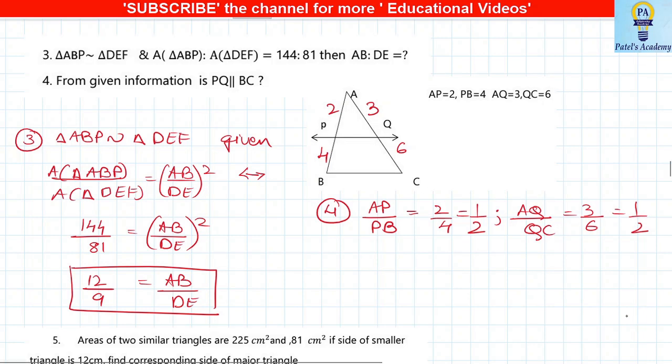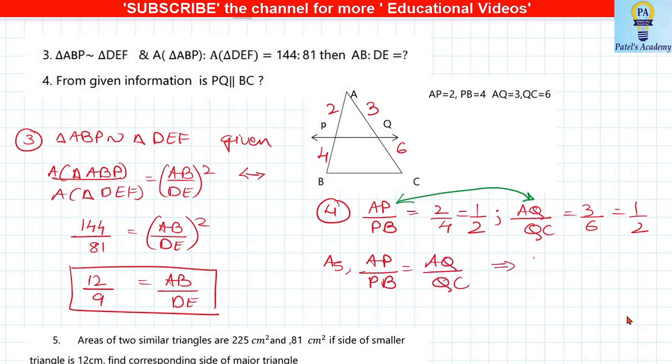So now I can say that AP upon PB and AQ upon QC are equal. Okay, we are not assuming it equal, we are proving it equal. So as AP upon PB is equal to AQ upon QC, I can say that PQ is parallel to BC, and the reason is going to be converse of BPT.